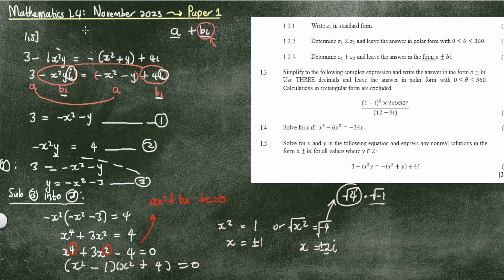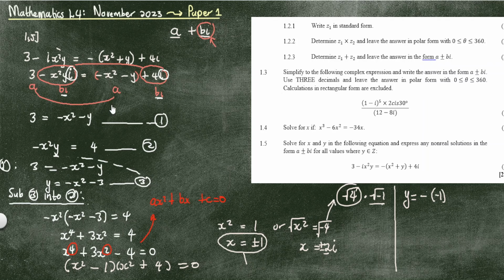Now in order to get the y values, we're going to do the following. The y values will be calculated using equation number 3. So for the first one, I'm starting off with the ones for x.